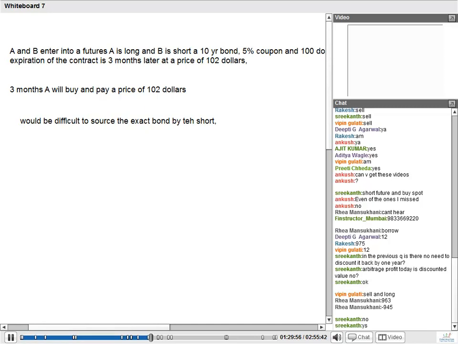To curtail this problem, what the exchange does is that it defines a set of bonds that are deliverable. So if the agreement was to deliver a 10-year 5% coupon bond, then the short is allowed to deliver any bond with 8 to 12 years of maturity and 4 to 6% coupon.